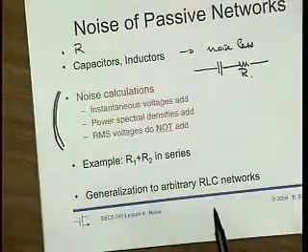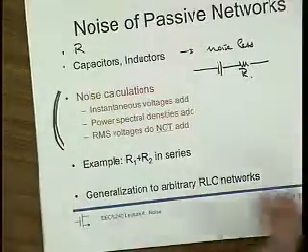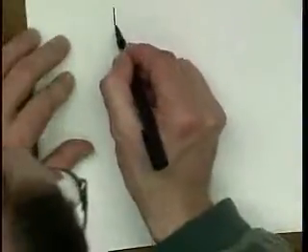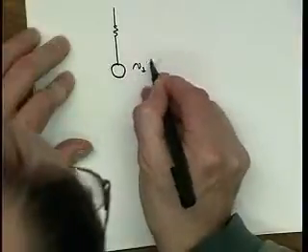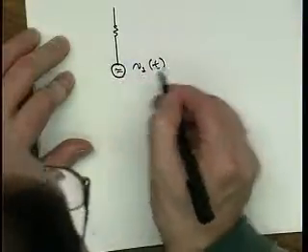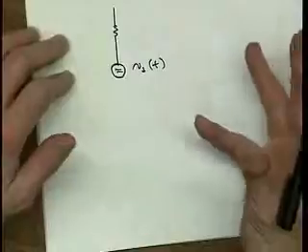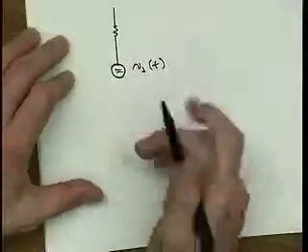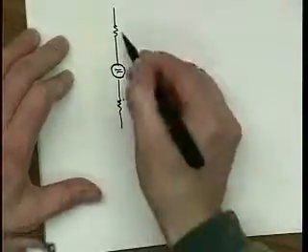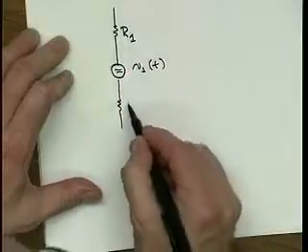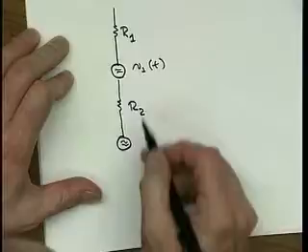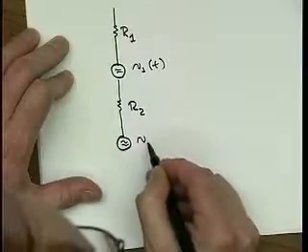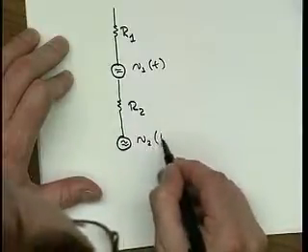Instantaneous noise voltages, they add together, right? So it's still true that if we had two resistors with noise sources, here we have V1 of t. We don't know what it is, but I can always write this. And so there would be an R1, and there would be a resistor R2, and I model its noise too. I know the power, but I'm writing here the instantaneous voltage V2 of t.